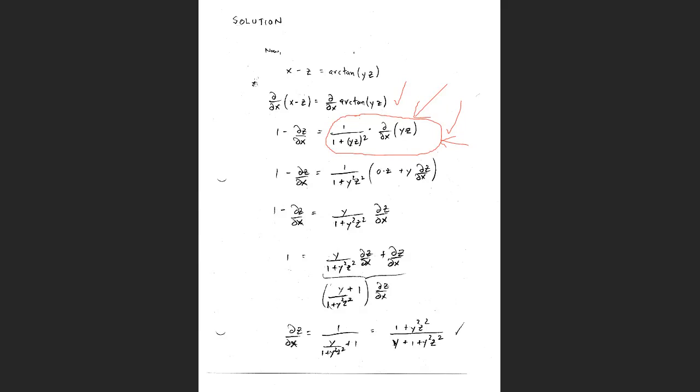All right, and now I'm going to take the partial derivative of the product function yz with respect to x. So I use the product rule. I'm holding y constant. Right.